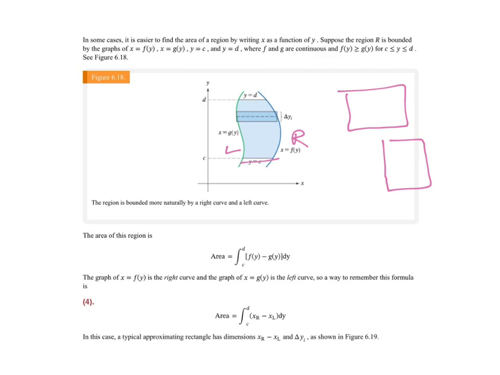So in x, you'll have right minus left. Notice that it now says dy because I'm integrating with respect to y, not with respect to x. That dx, dy thing is very important because it tells me what variable we're integrating with respect to.